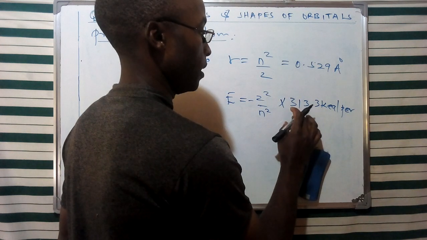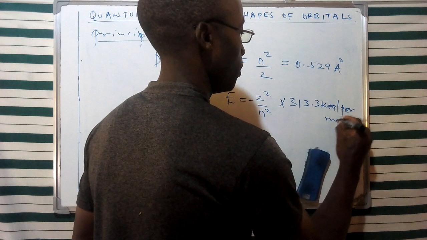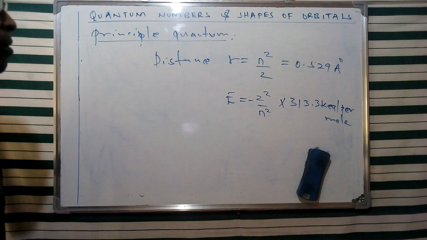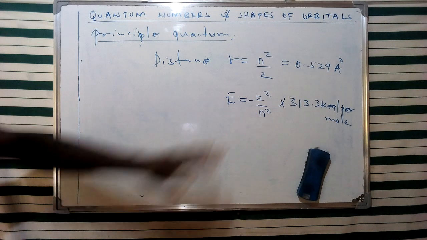So this is going to be 313.3 kilocalories per mole, and this is going to be equivalent to the energy of this specific electron in the orbit where it is present.